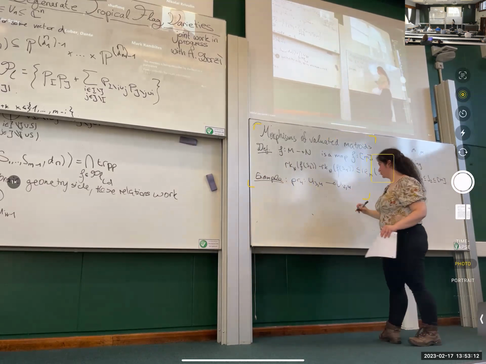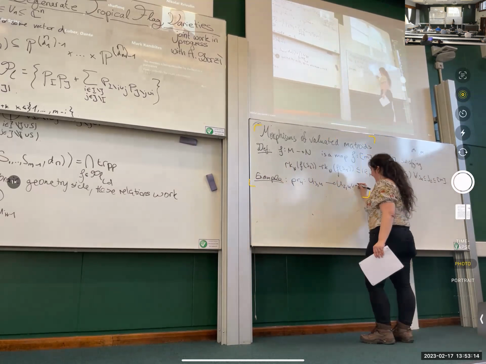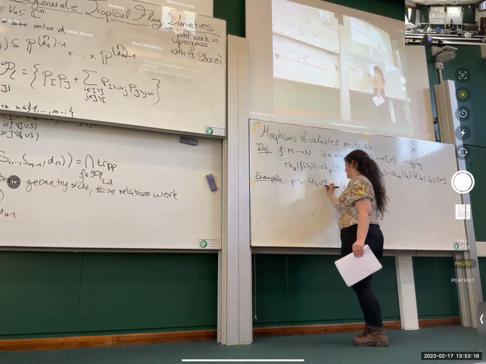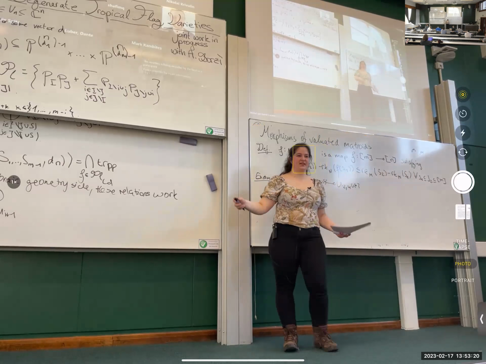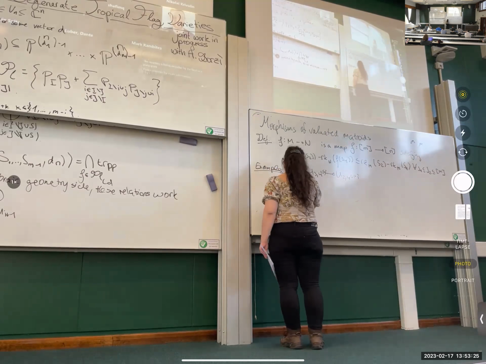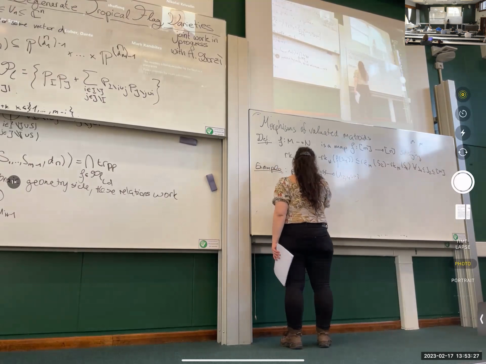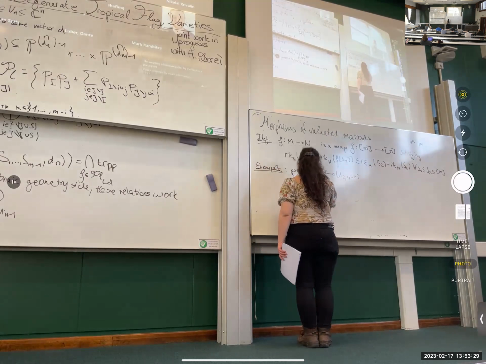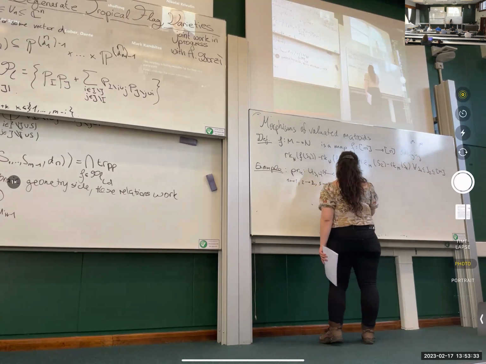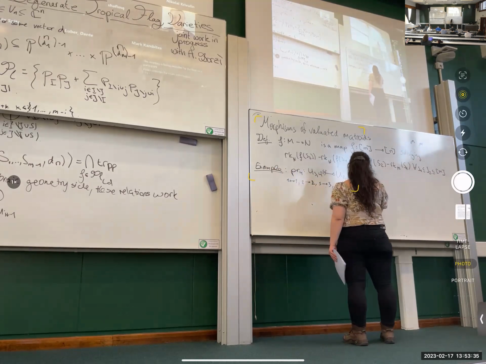To be able to define projections, you usually want to add a loop to the ground set on both sides so that you can send things to 0, essentially. So the idea is that this projection is going to do what you would expect it to do. We send 1 to 1, 2 to 2, 3 to 3, 4 to the loop. So we send 4 to 0, basically, and the loop to itself.